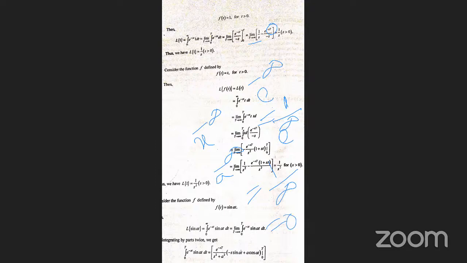So we substitute 0, and this part goes completely to 0. Finally we get 1 by s. And similarly here also we substitute, and we get 1 by s square.